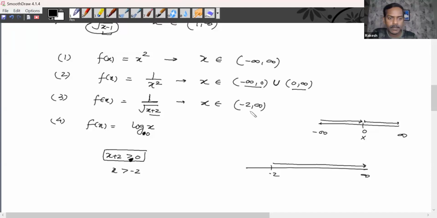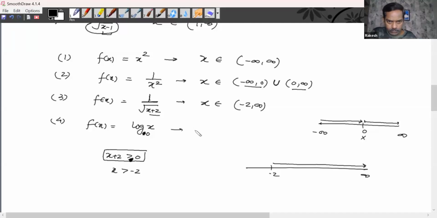Next is log of x. Now, in the chapter of logarithm, we saw that x cannot be any value which is negative, right? So log of negative value is not defined, correct? Can x take 0? No, because log of 0 is also not defined. It has to be greater than 0 for sure.